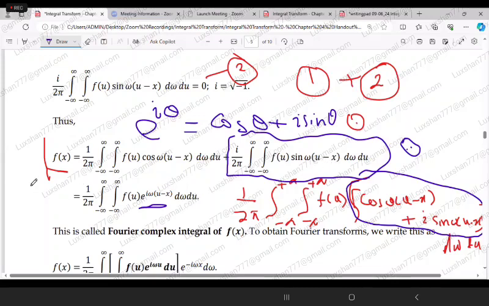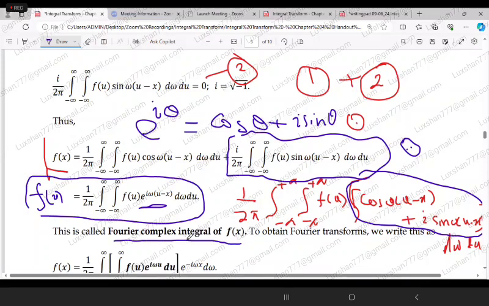So now f of x is written in terms of this. This is called the Fourier complex integral of f of x.